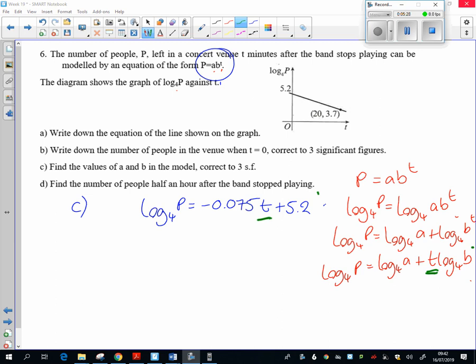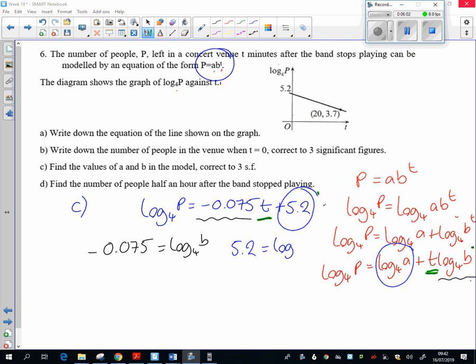Where is the t? Well, that's my x variable. So here, t has a coefficient of minus 0.075, and here t has a coefficient of log to the base 4 of b, so they must equal the same thing. Okay, and same here, the constant is 5.2, and here the constant on its own is log to the base 4 of a.